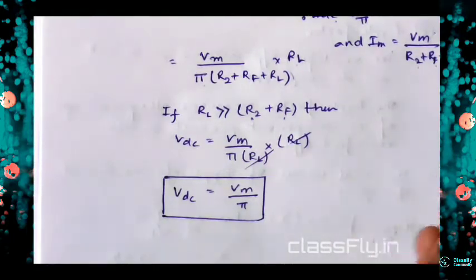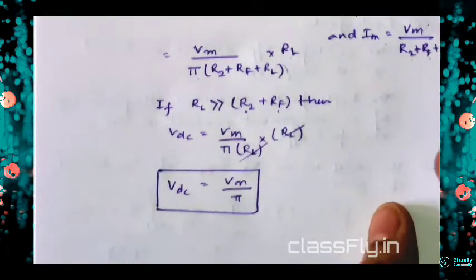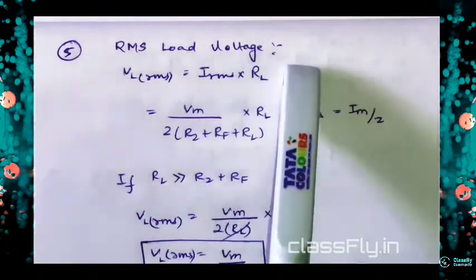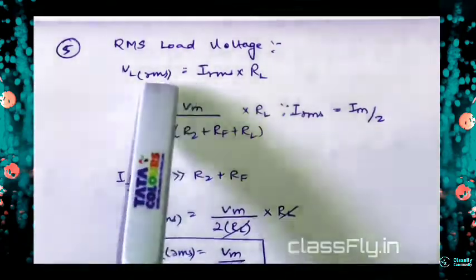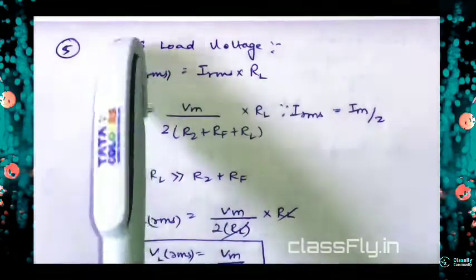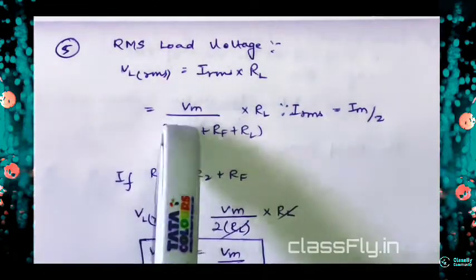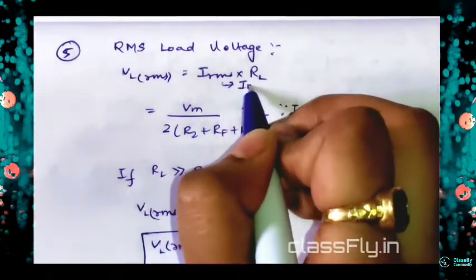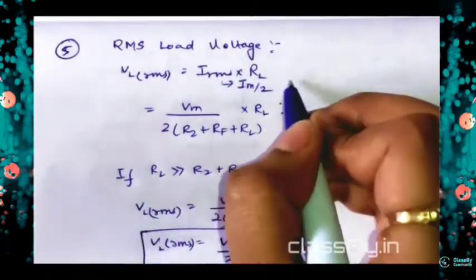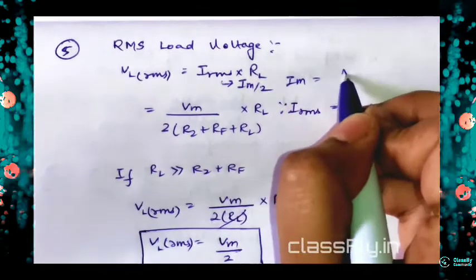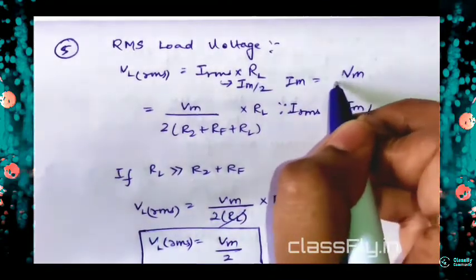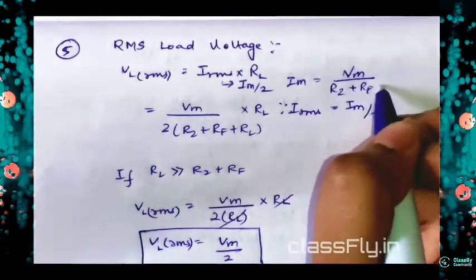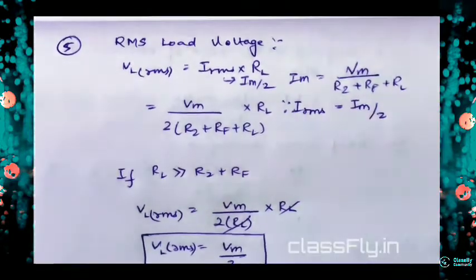Now we'll head on to our fifth parameter, that is the RMS load voltage. We know that voltage is equal to current into resistance, so we have to find the RMS. We know that Irms is equal to Im by 2, and Im is equal to the max peak voltage by the total resistance, that is R2 plus RF plus RL, right?